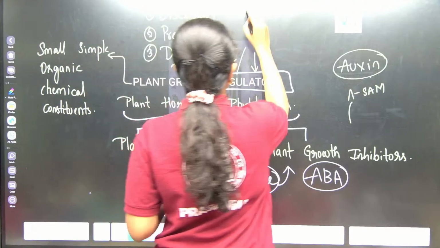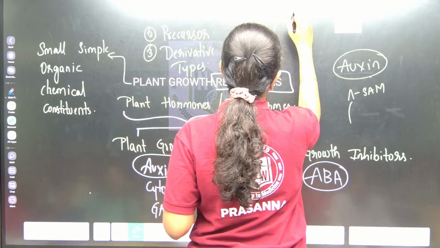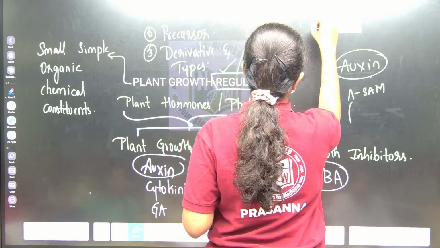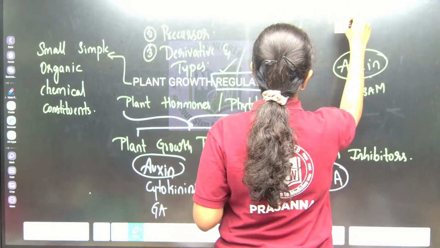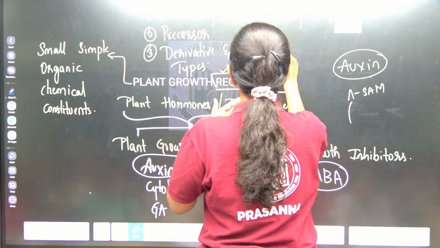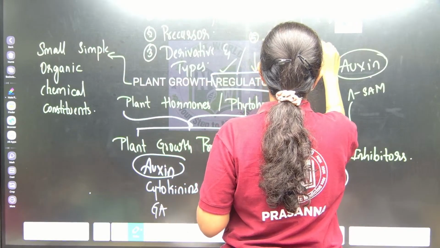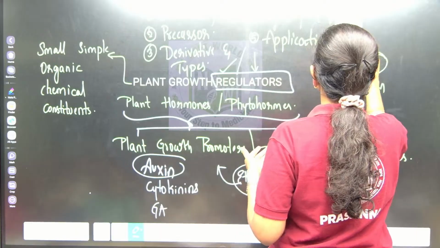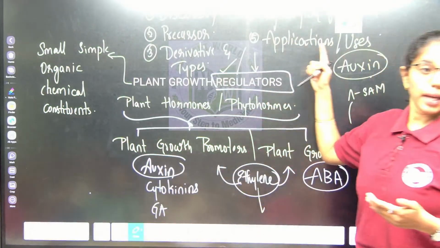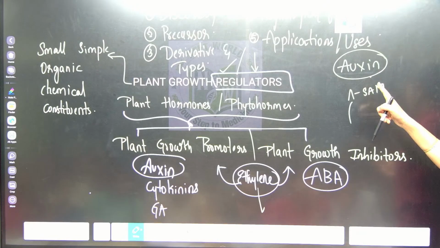And fourth is its physiological functions. Followed by applications or uses. These are the 5 areas you have to focus on for each phytohormone, from which you will get the questionnaire as well.